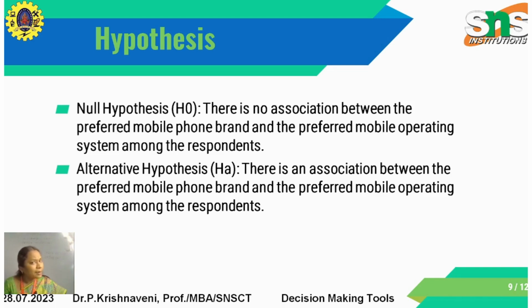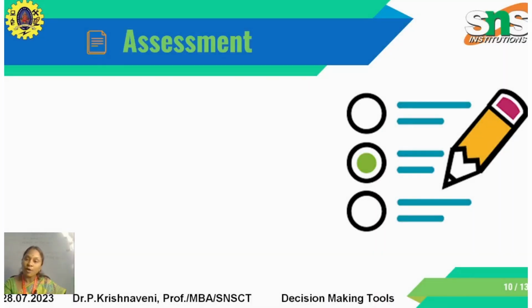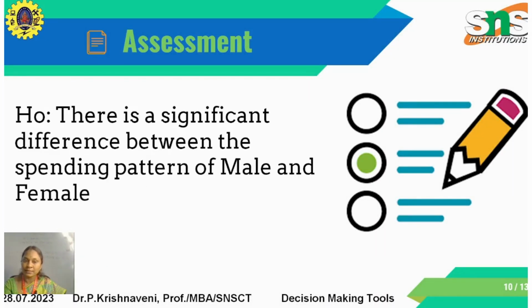This is our negative statement, that is our null hypothesis, H0. Obviously, our alternate hypothesis is that there is an association between the preferred mobile phone brand and the preferred mobile operating system among the respondents. It is super easy for us. Once we understand the concept, the formulation of the hypothesis is very easy.